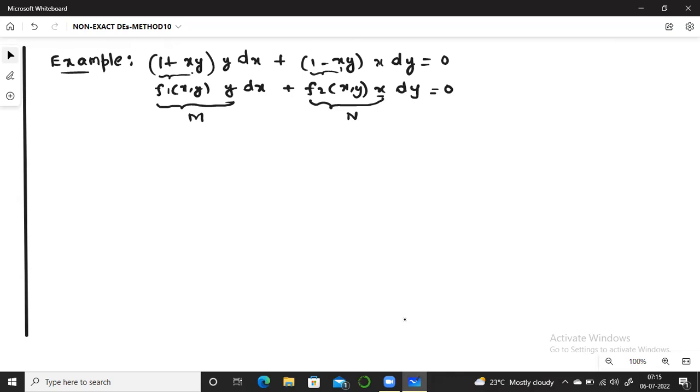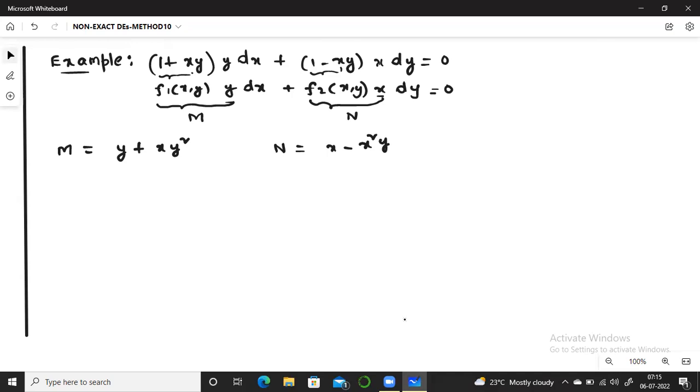So now you know M comma N. M is y plus xy squared. N value is x minus x squared y.